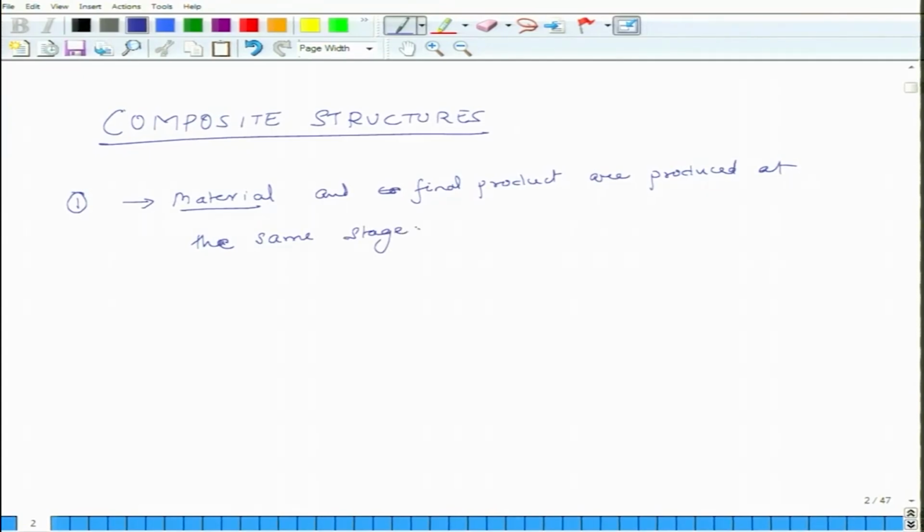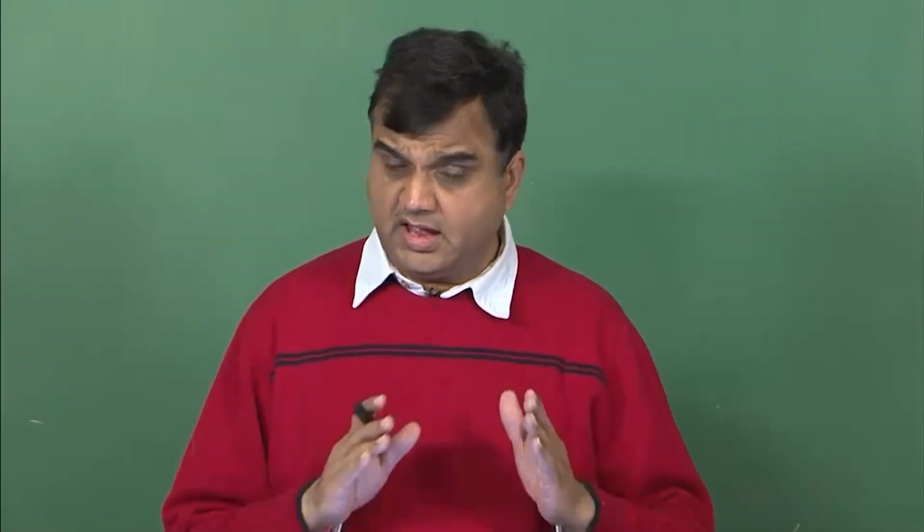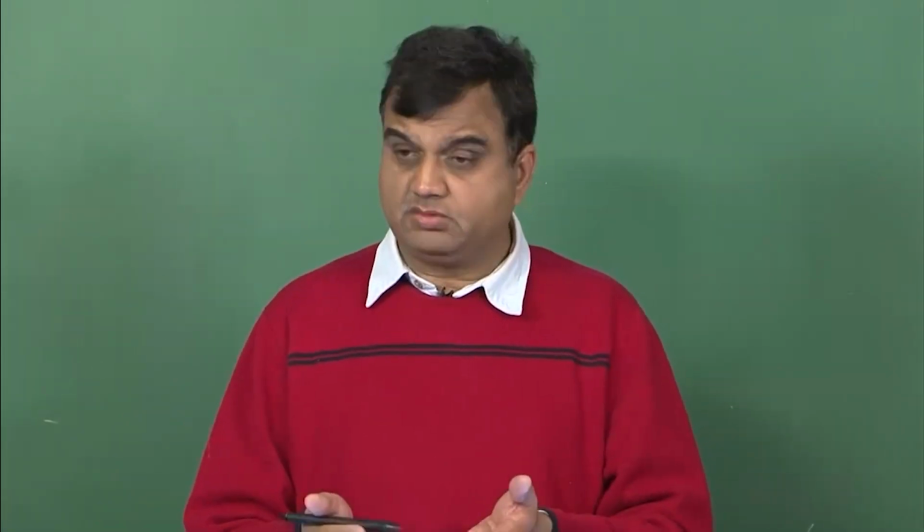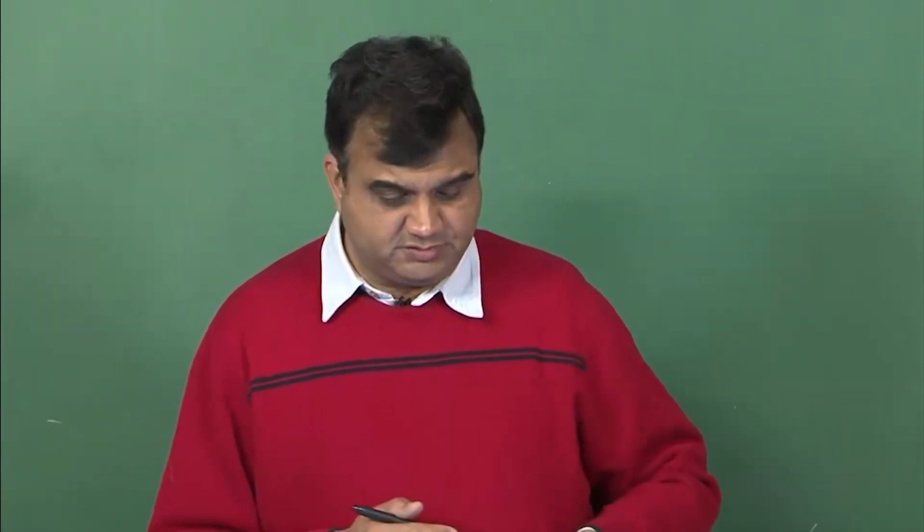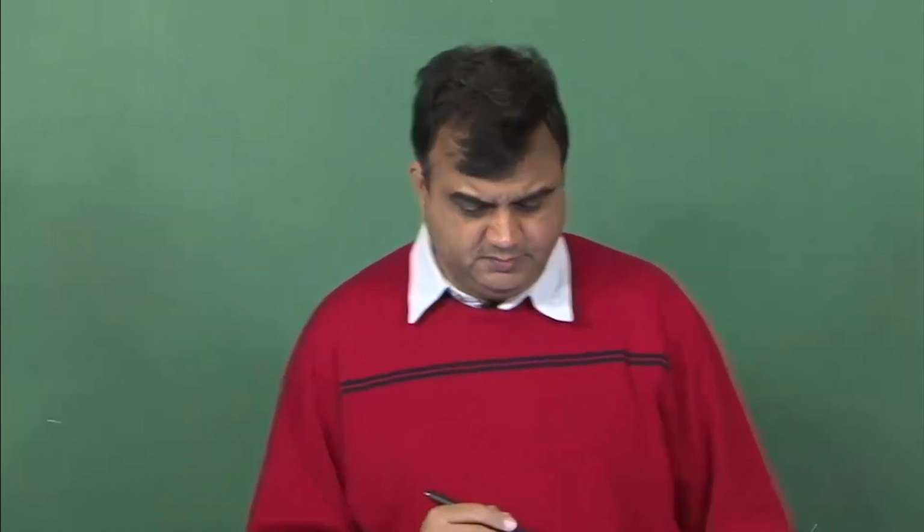They are produced at the same stage. So, it is not that you first produce the composite material and then provide shape to it and you make a table out of it. It is that whereas you are producing the composite material, at the same time you are also putting it in the final form, and that is how you are producing a table made up of composite material. So, this is the first scenario.